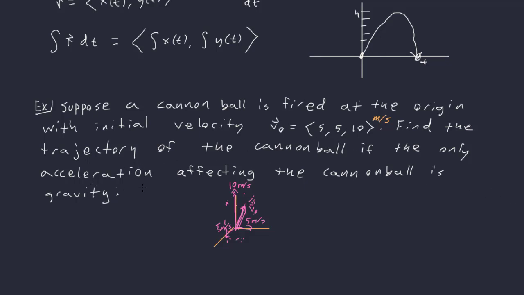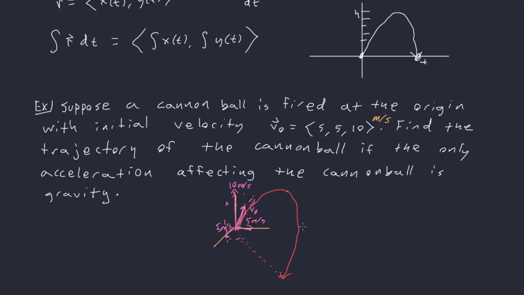Okay, but given that, we want to find the trajectory of the cannonball if the only acceleration affecting the cannonball is gravity. So I would imagine that without anything else affecting the cannonball, it will just continue to travel along this diagonal here over the xy plane, and eventually will hit its apex and then start to decrease again.